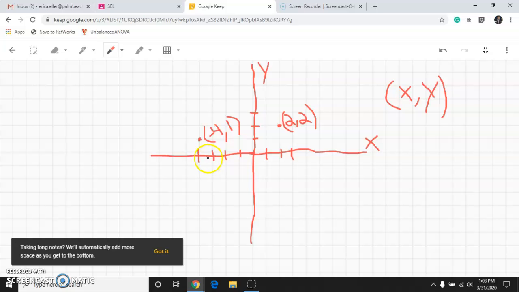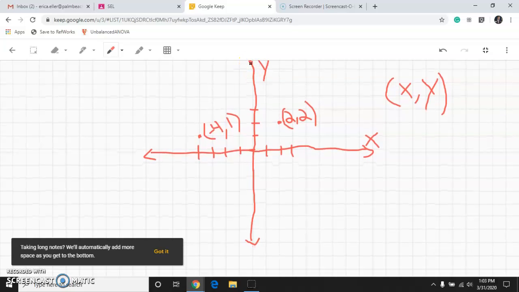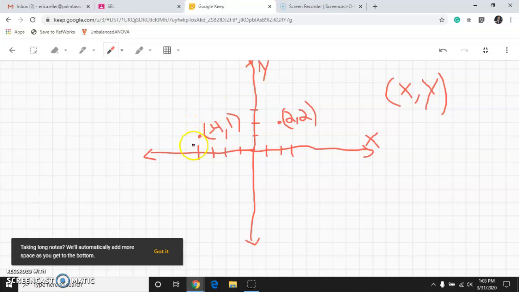So looking at this line, I can keep going. It goes on for forever and ever. I can go ahead and put those lines to let you know that they go forever and ever in all directions. Now, if I just started at -4, this is -4, -3, -2, -1.